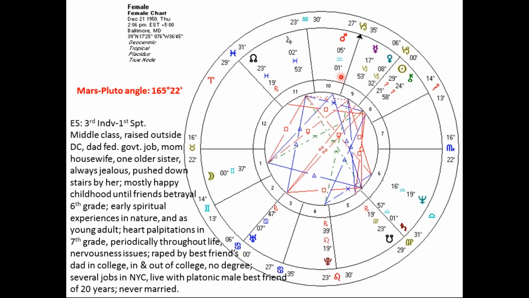If you look at that, yes, it's square the nodes. Relative to being a 4th house Pluto and having a South Node Virgo in the 5th house, there's a back and forth energy within your own soul between hiding and being seen. Oh yeah.